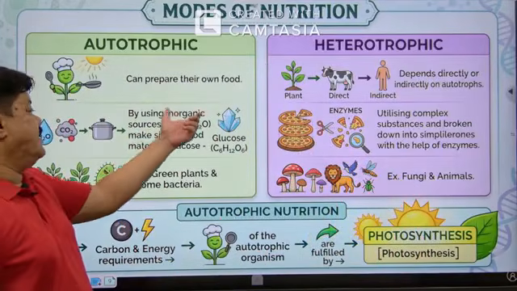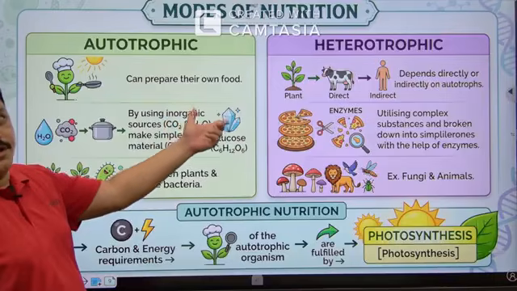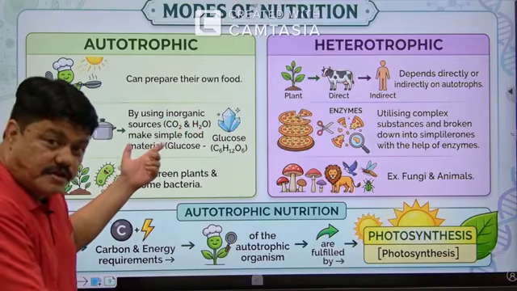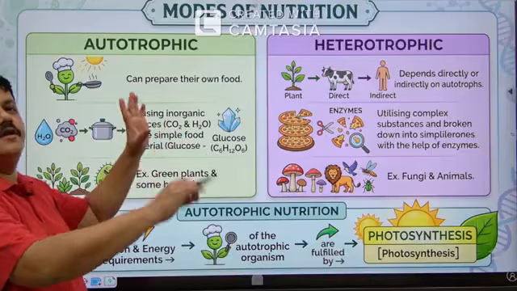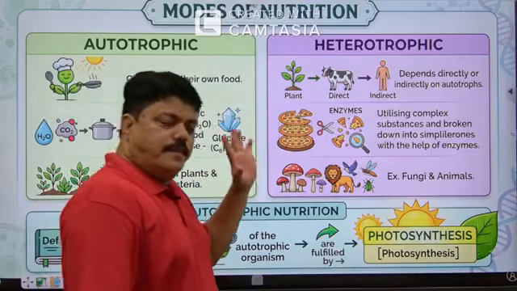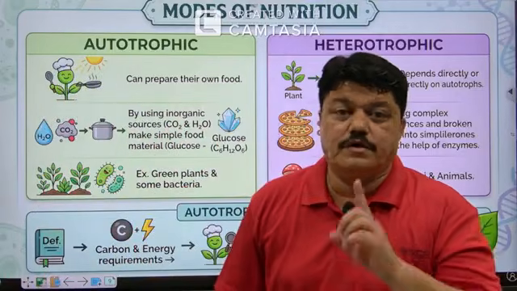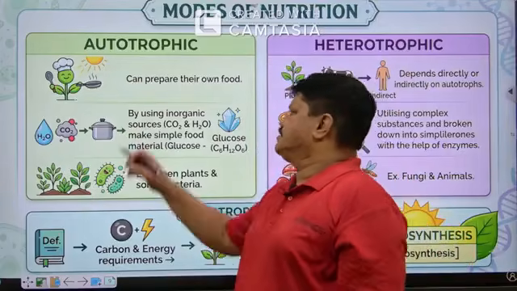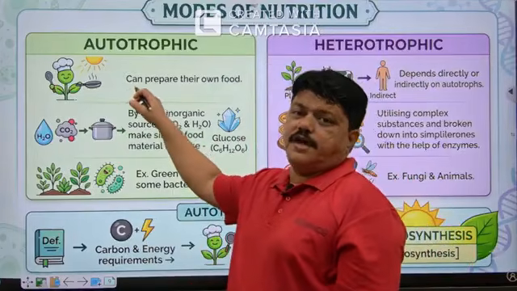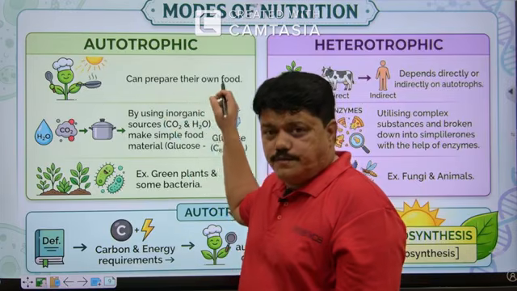So they use inorganic sources CO2 and H2O and then convert them into simple food material. We all know the process is called photosynthesis. It is the process by which green plants can prepare their own food.